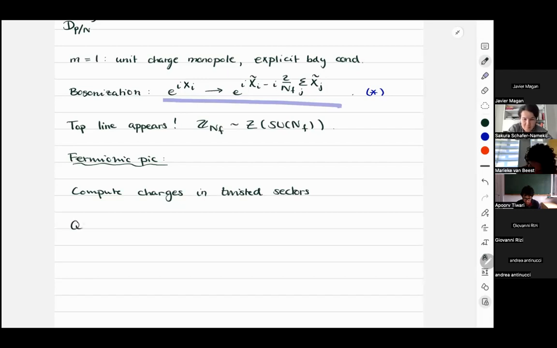So there's some general formula again you can write. Vacuum charge of this T to the K, where T generates that Z_{N_F}. Which is given by this. And is computed in precisely the same manner as before, using this Dirac sea and some regularization scheme.